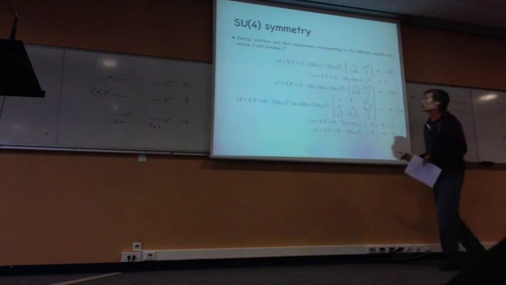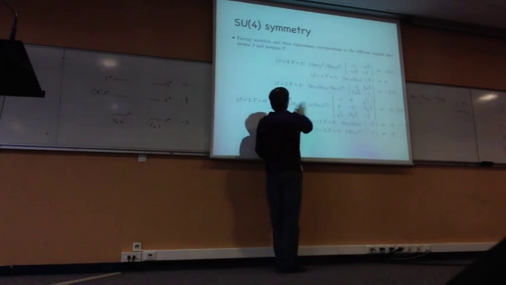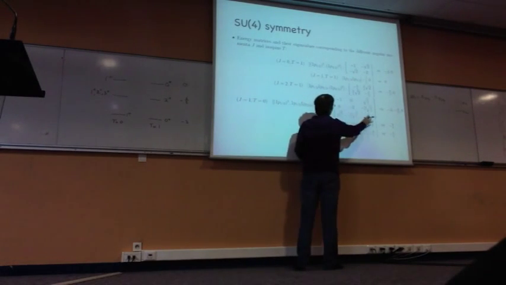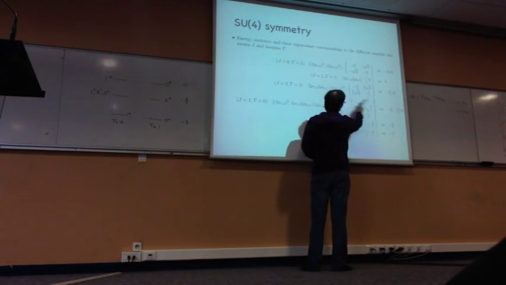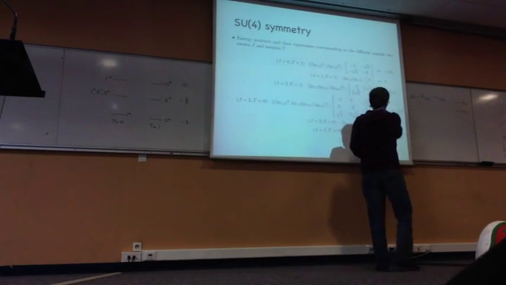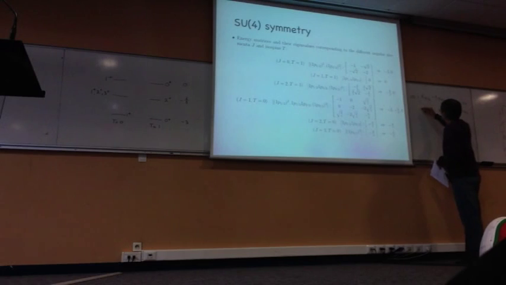Then the only thing you have to do is put in delta epsilon, because in this basis it adds a contribution to the diagonals, which can be either delta epsilon, twice delta epsilon, or 0. Then you can diagonalize the matrices and look at the properties of the spectrum as a function of delta epsilon.